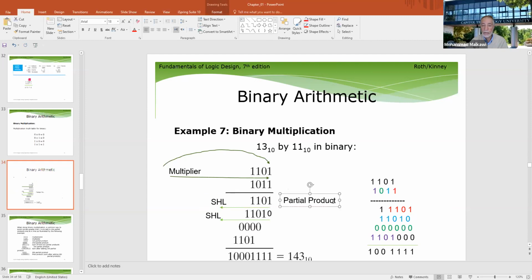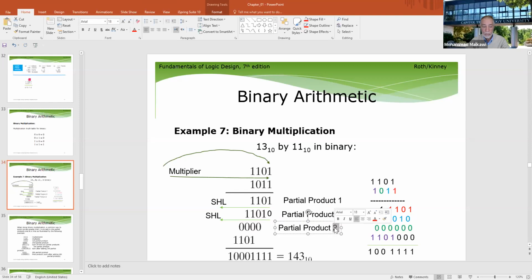This is partial product 1, partial product 2, shifted to the left. Then I have partial product 3. Then I have partial product 4. So I have 4 bits in the multiplier, so I have 4 partial products.